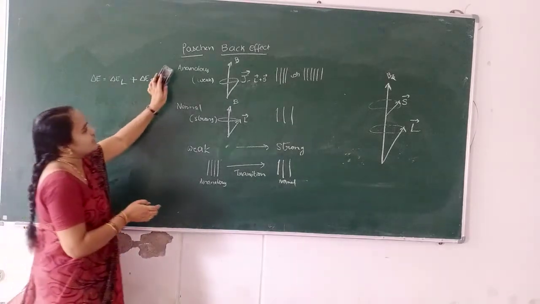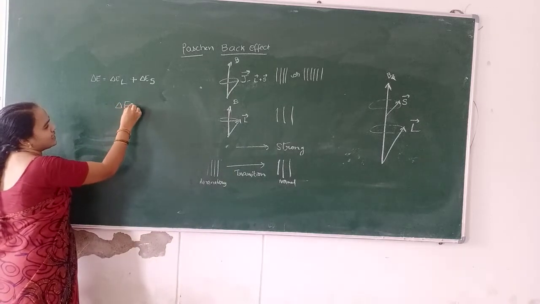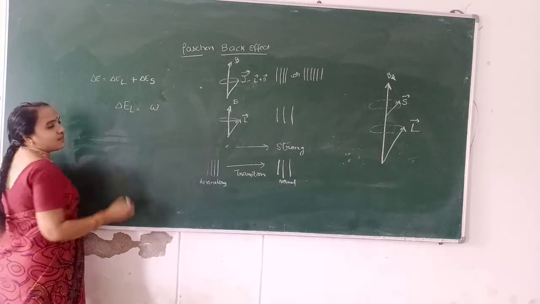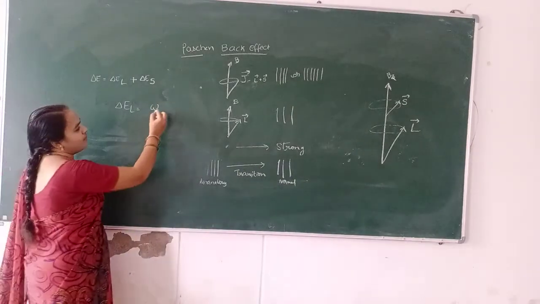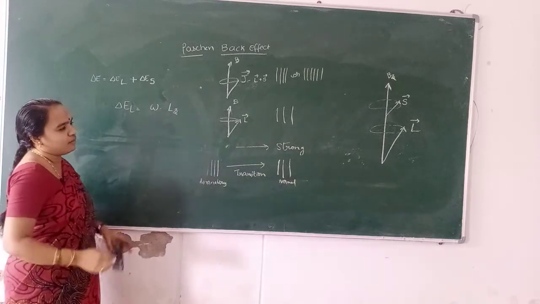We already discussed that the interaction energy due to orbital motion is the dot product of the angular velocity and the z component of the orbital angular momentum.